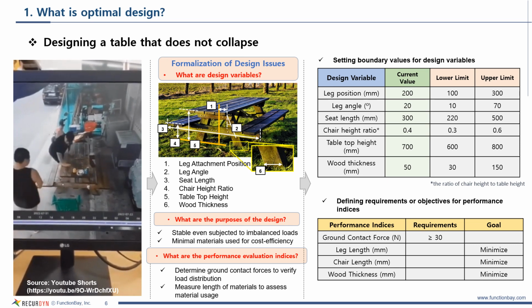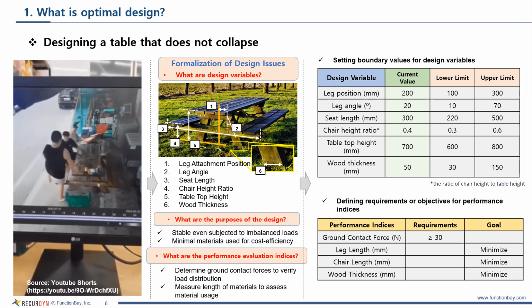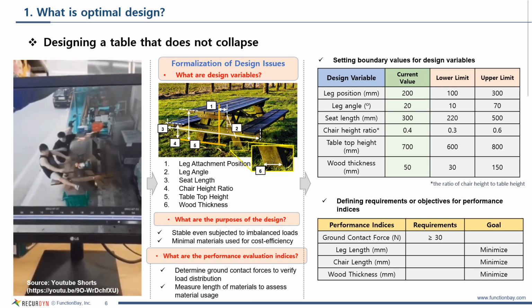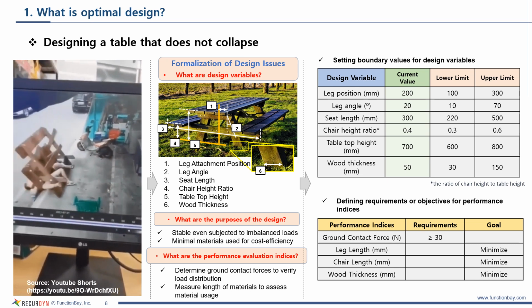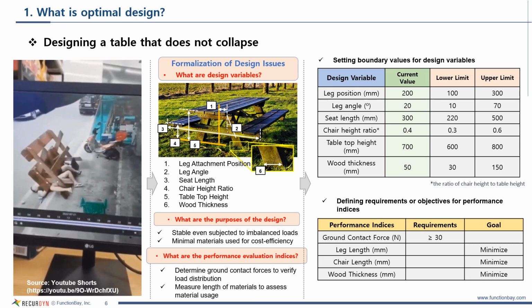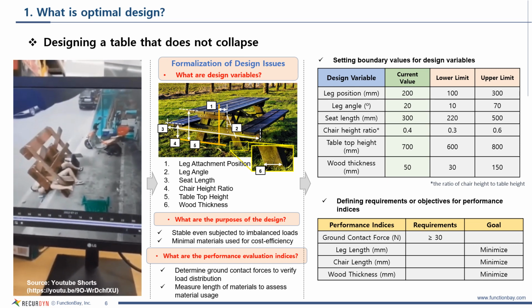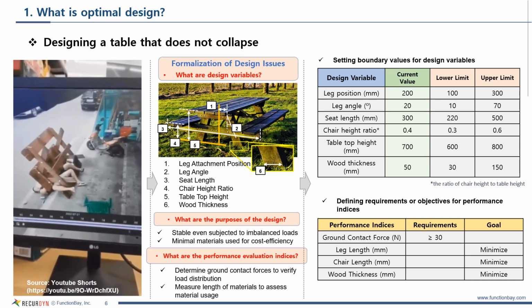The performance indices are the experiment results that allow us to assess whether the design objectives have been achieved. To evaluate the unbalanced load, we defined the ground reaction force on the table legs as a performance index. We also defined the length of the material to determine the amount of material we used.